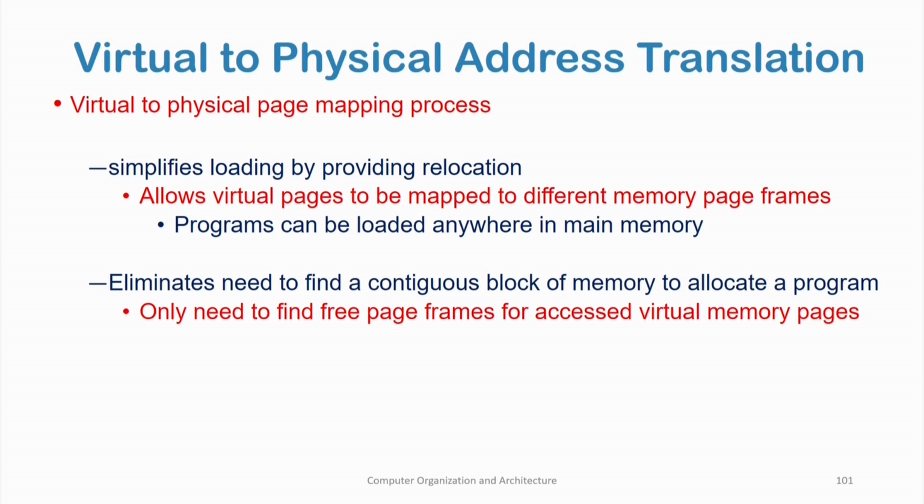If we did not have such a paged memory system, where I have broken both the physical memory and the virtual memory into pages of the same size, then what would I have to do? When I have to place a process in main memory, I have to find an appropriate amount of contiguous memory for this process. Otherwise, I cannot place this entire process in main memory.